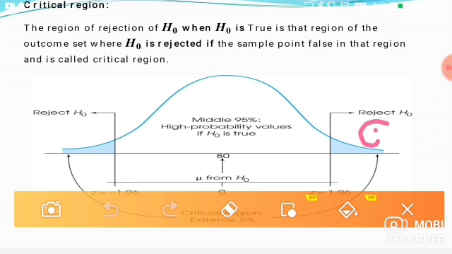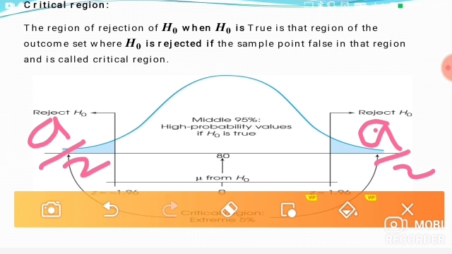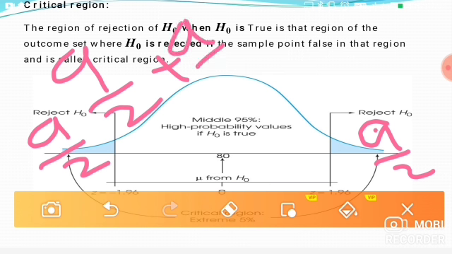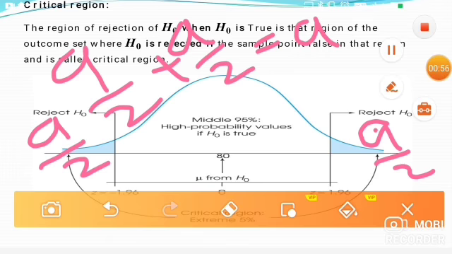This is alpha by 2, and this is alpha by 2. If we add alpha by 2 plus alpha by 2, it is equal to alpha. This alpha is the type first error. It is the critical region.